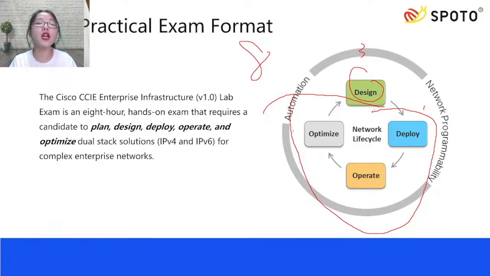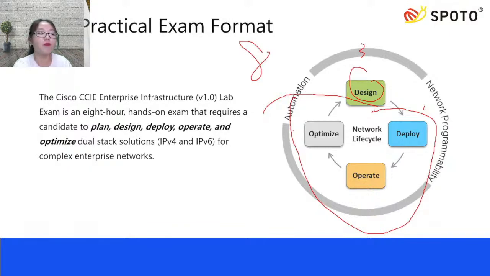Automation and network programmability skills as per exam topics are an integral part of both modules. Candidates will be tested on varying technologies and solutions listed in the exam topics throughout both modules.